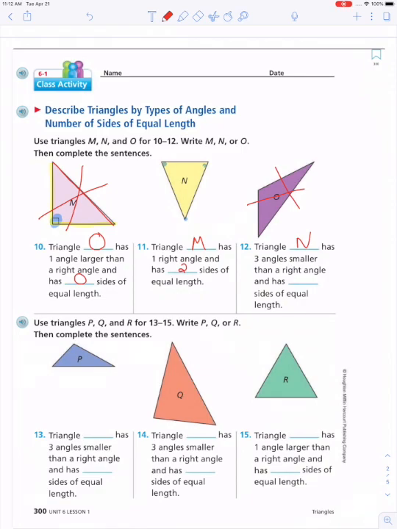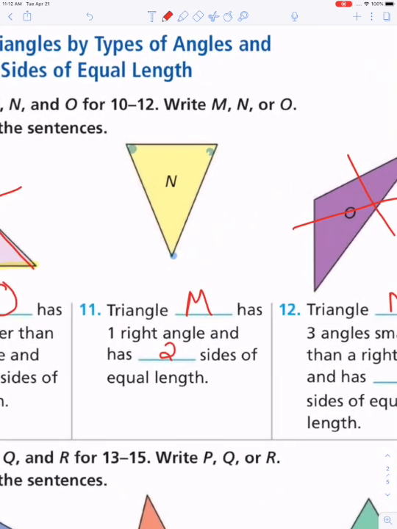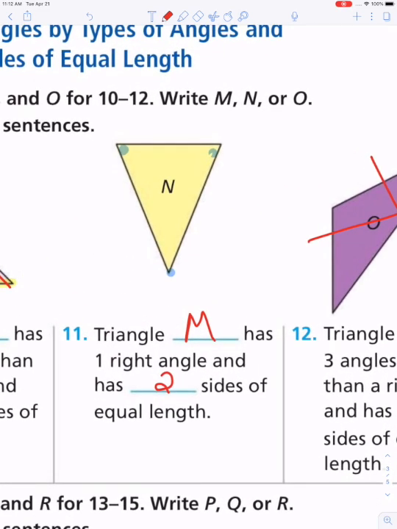And has blank sides of equal length, okay? So if I were to come in here and measure this side and this side, they look to be the exact same, don't they?